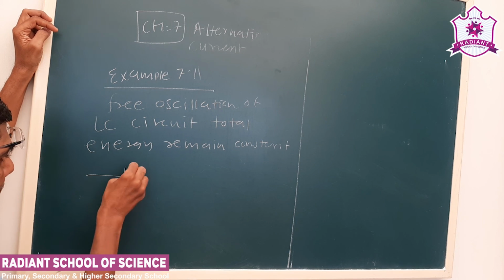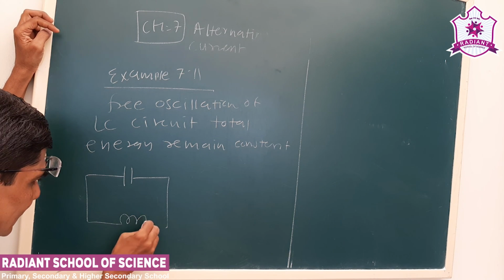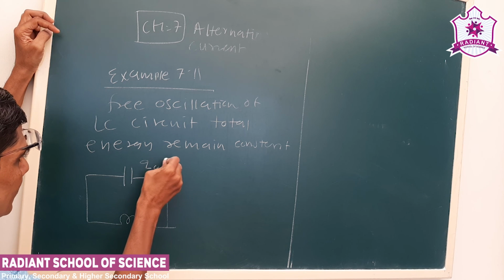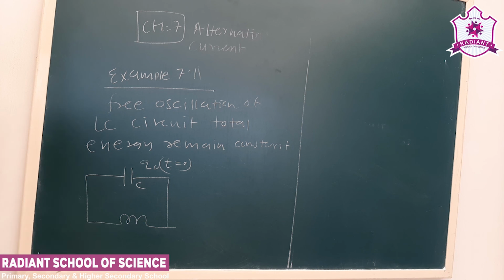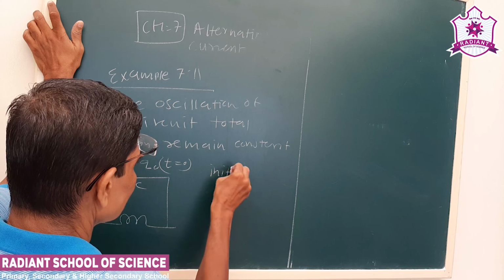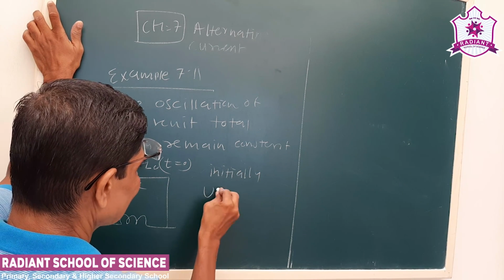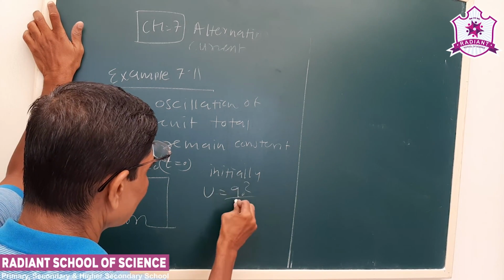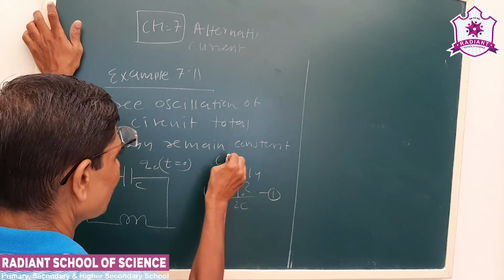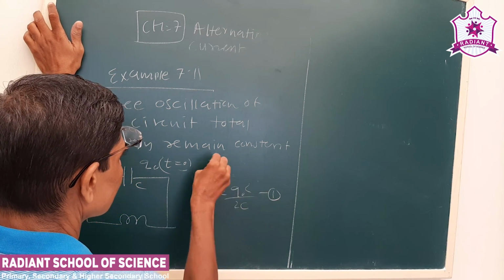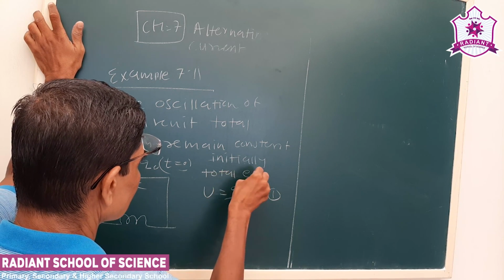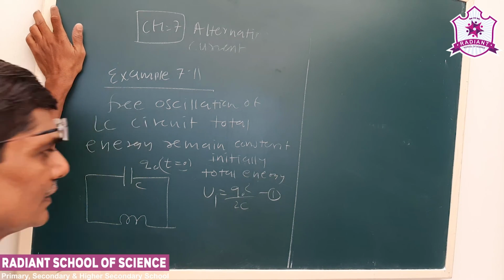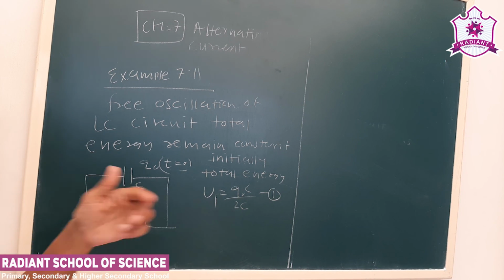While discussing the LC oscillation, at t equal to 0, the charge on the capacitor we assume to be 0. So at that time, all the energy was in the electric field. So initially, U is Q0 square by 2C. That is the total energy. Let us say Q0 is the initial charge.